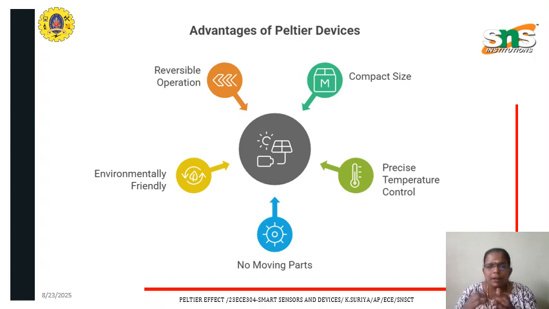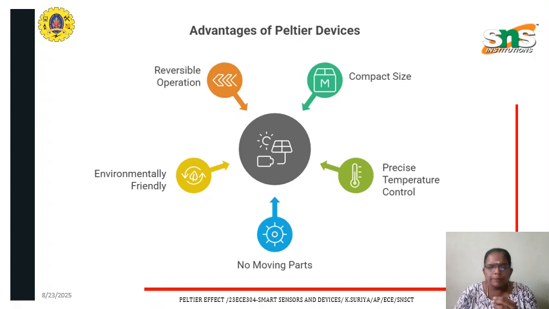They have several advantages over traditional cooling and heating methods. Peltier modules are small and lightweight, making them suitable for portable applications. So we can say that it has compact size and it is lightweight. They also allow for precise temperature control, making them ideal for applications requiring stable temperatures.